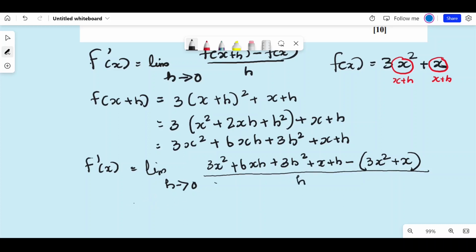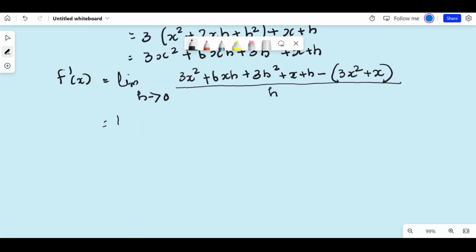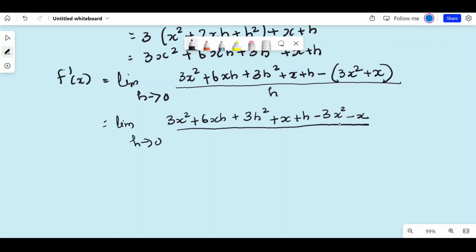Which is equal to, so we are just opening the bracket now, limit h tends to 0 of 3x square plus 6xh plus 3h square plus x plus h minus 3x square minus x, the whole divided by h.